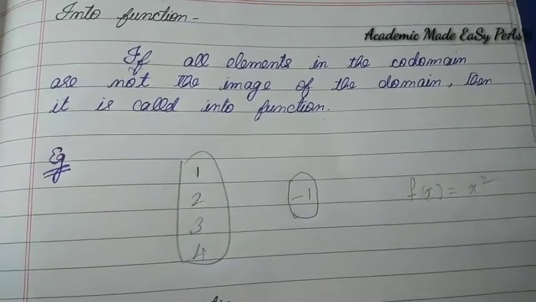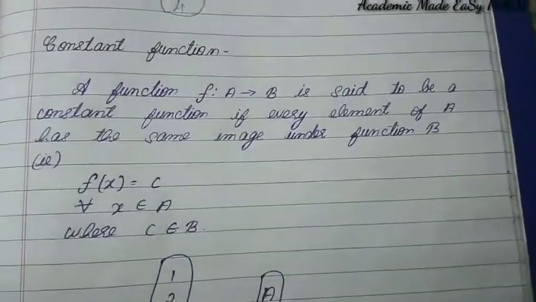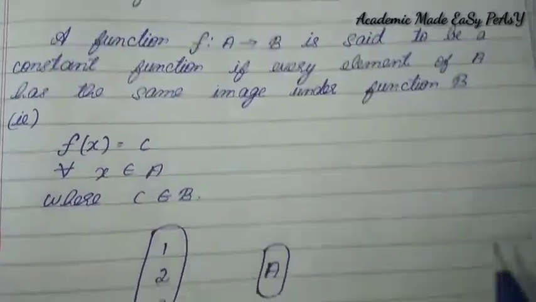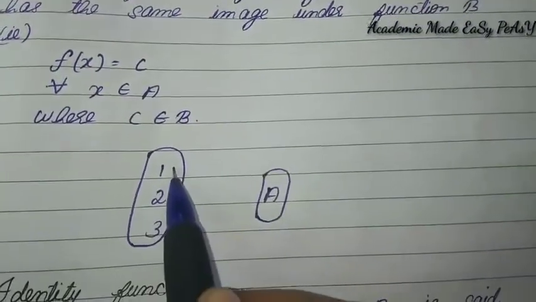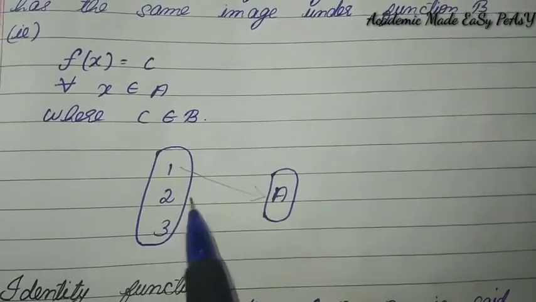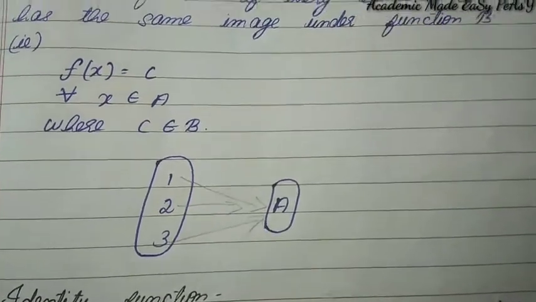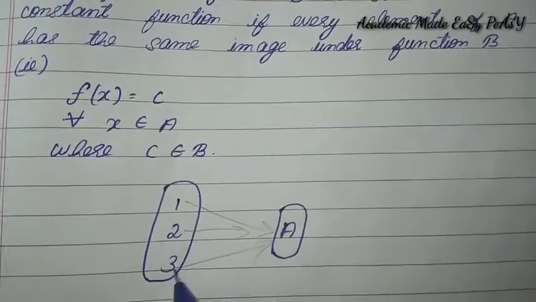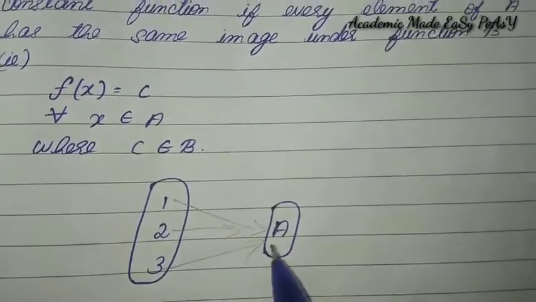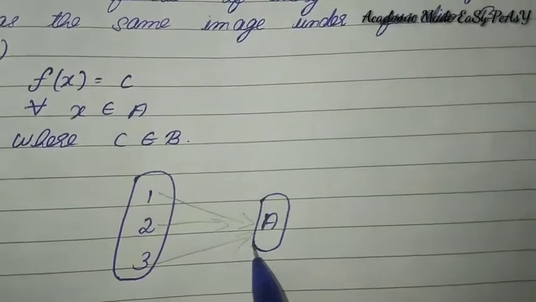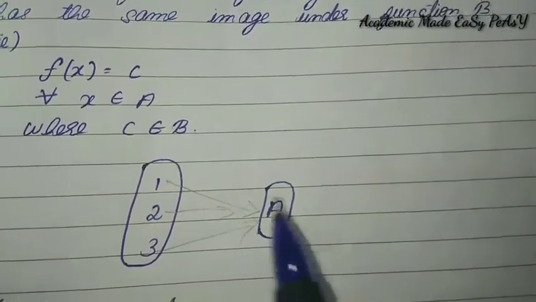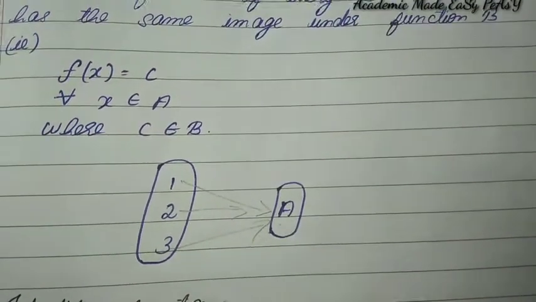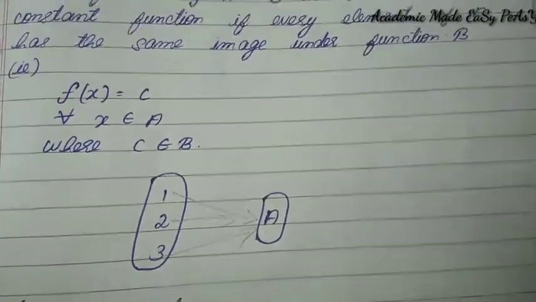Next, constant function. Constant function is nothing but, for example, I have 1 over here and I'm mapping to A, 2 to A, and 3 to A. Then if all the elements are mapped to one element in the codomain, that is, the codomain consists of only one element and all the elements in the domain are mapped to this element, then it is called a constant function.